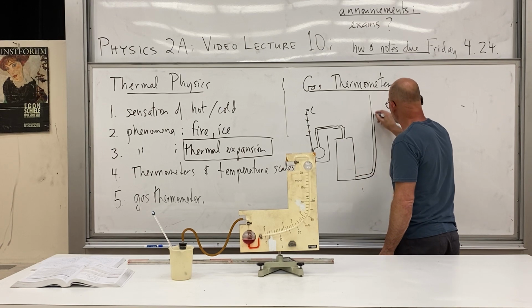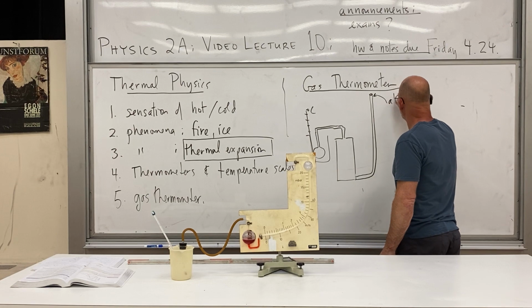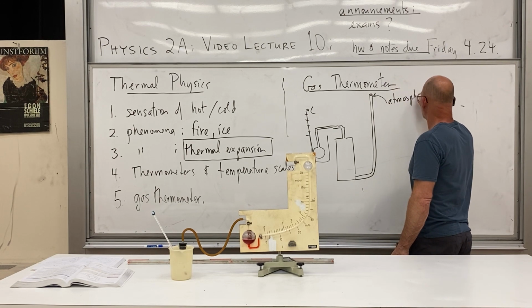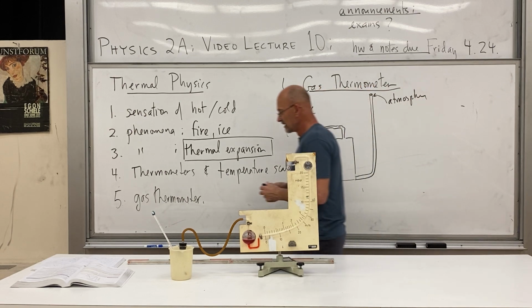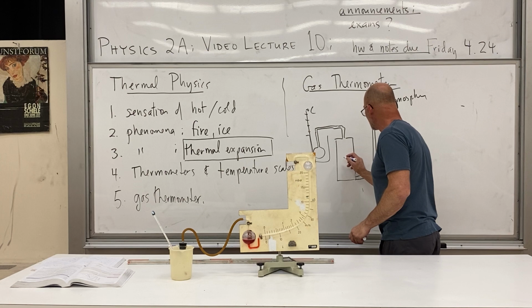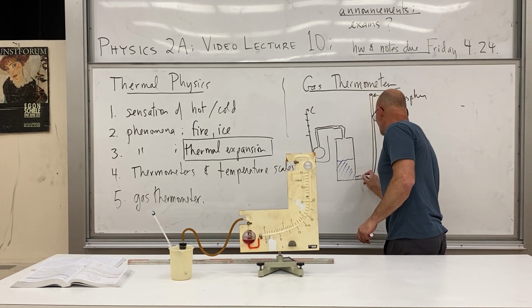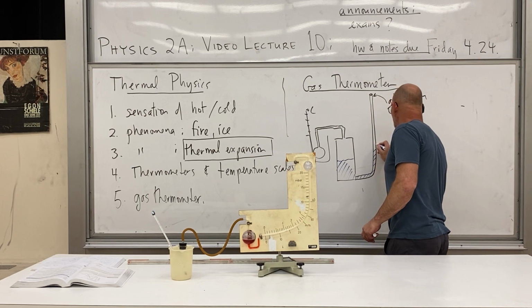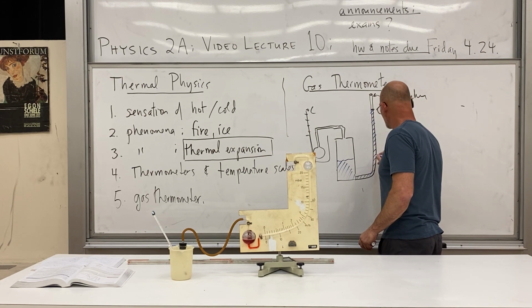Let's say I have a real one, and then we have a column open to the atmosphere. Today's a good day to have a different color of ink here. So suppose we have a fluid in here, not red but blue in this case, all the way up to here.